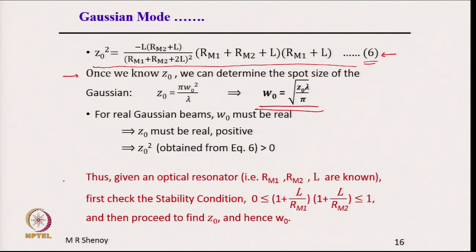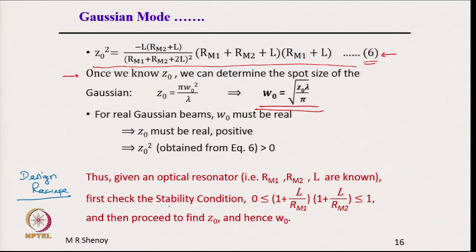Thus, so what is the recipe? This is the design recipe now. Thus, given an optical resonator, that is R m 1, R m 2, L are known.